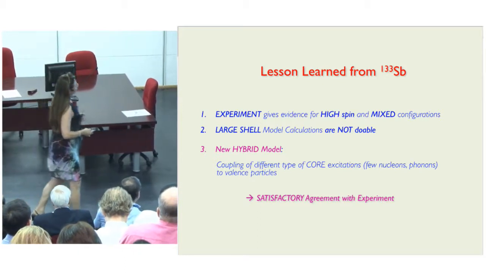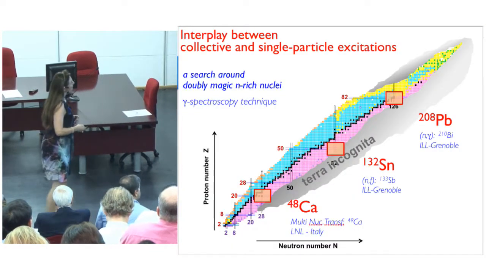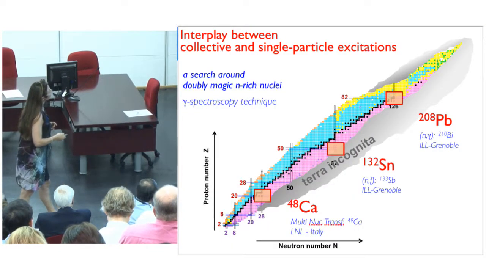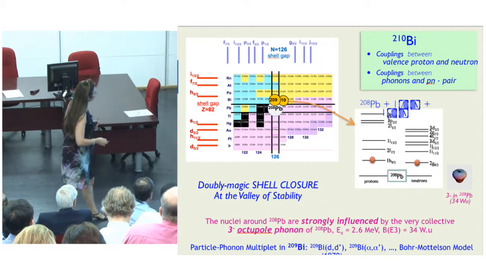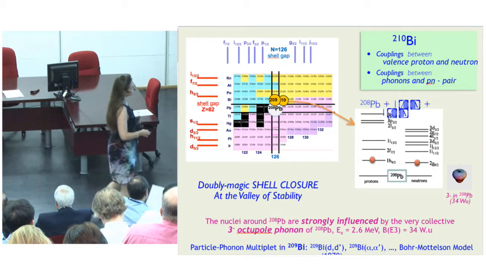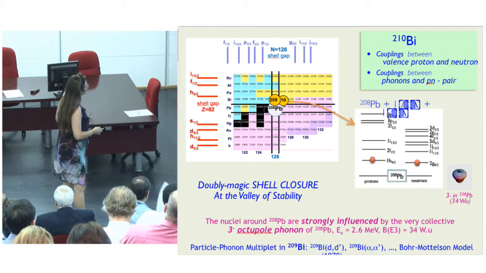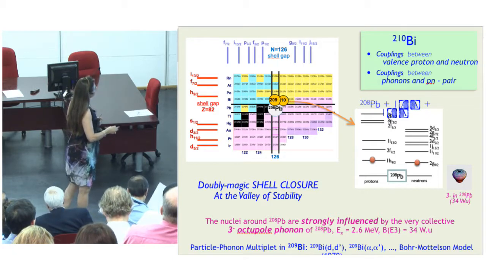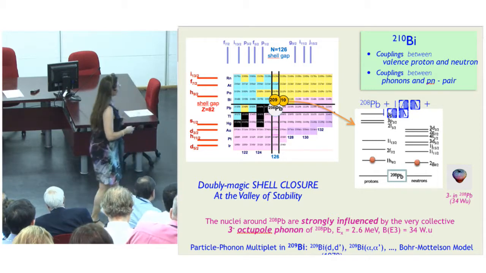So now I come to the last example, which is the lead-208 region. And here, lead-208 is, of course, a very well-known nucleus, and it is characterized by a very strong octupole excitation, one of the strongest of the nuclear chart, 34 Weisskopf units, which means that all nuclei around this region are strongly influenced by this core excitation.